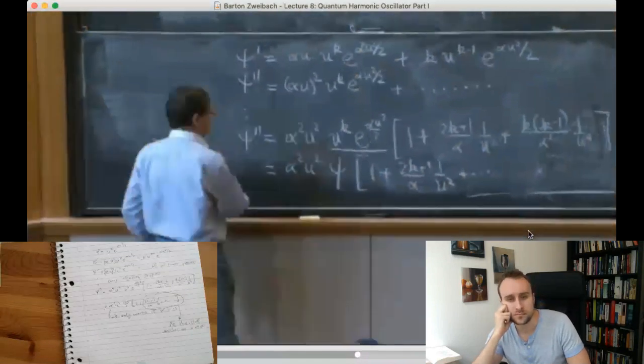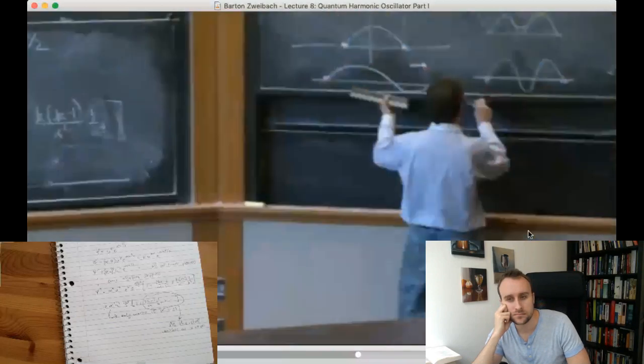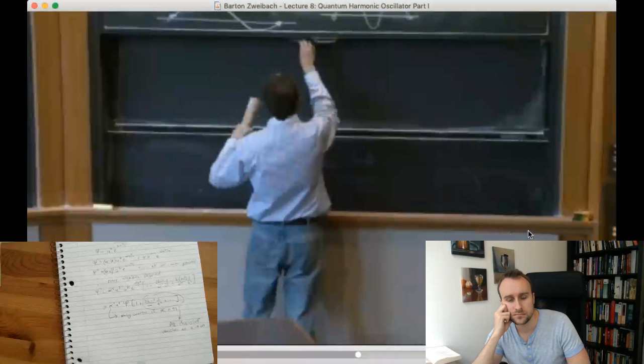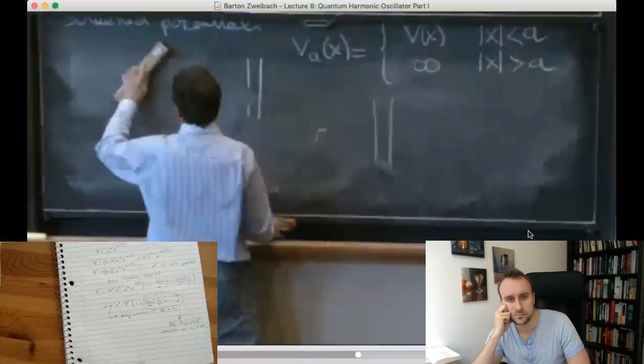And roughly this solution near infinity, there's probably two solutions. This is a second order differential equation, so even near infinity there should be two solutions.